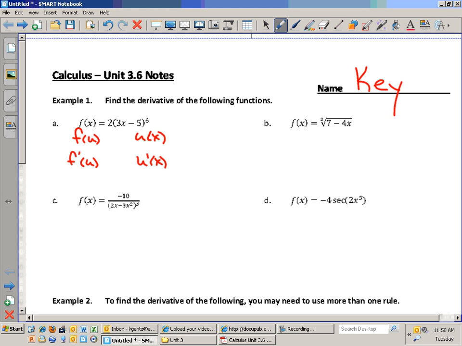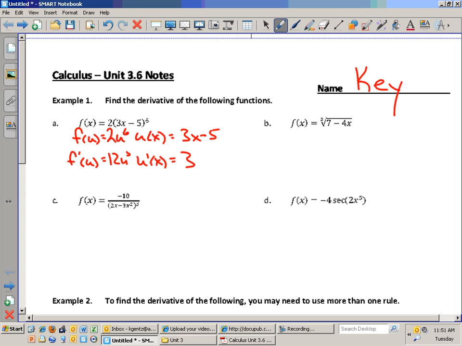Can somebody tell me what f of u is in this situation? 2u to the sixth. And u of x? 3x minus 5. Sometimes people have difficulty identifying what the inside function is and what the outside function is. So if you have trouble, then I'll start with the inside. The derivative of 3x minus 5 is 3, and f prime of u would be 12u to the fifth.